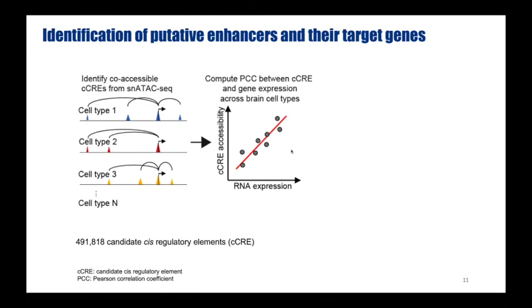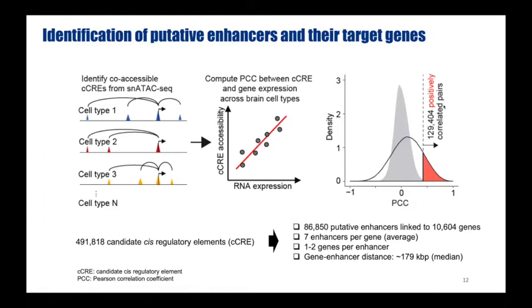If we find a positive correlation between the candidate cis element and its target gene, we call this more likely to be a pair, and we assign those candidate cis elements to the potential target gene. Of course, we set the cutoff against a random shuffle background.